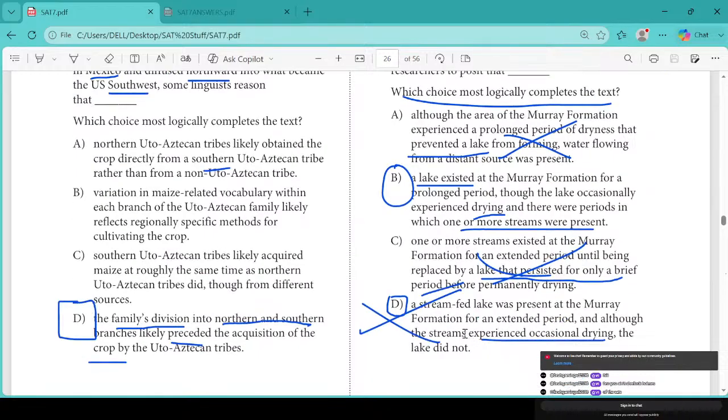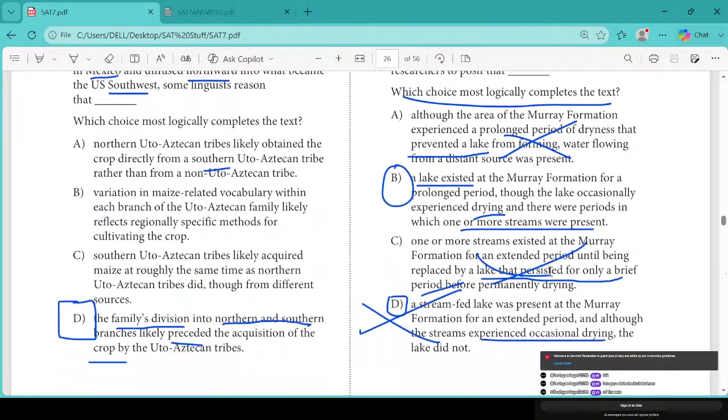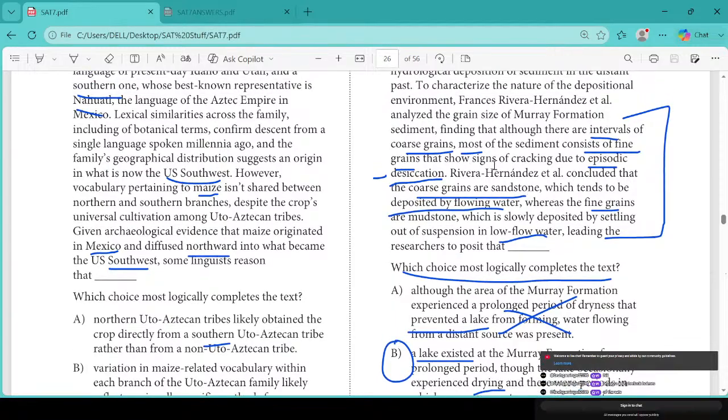Option D says that the streams experience occasional drying, which would have been correct if I read it that way. So it is really important to read every question thoroughly, and it is very important not to be messy, as you can see here.